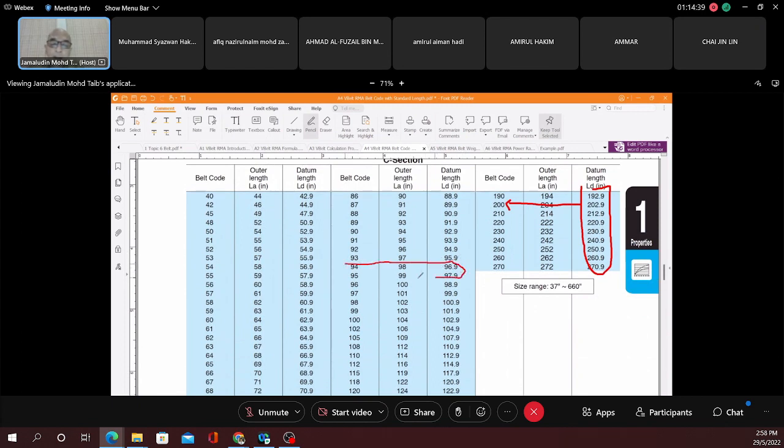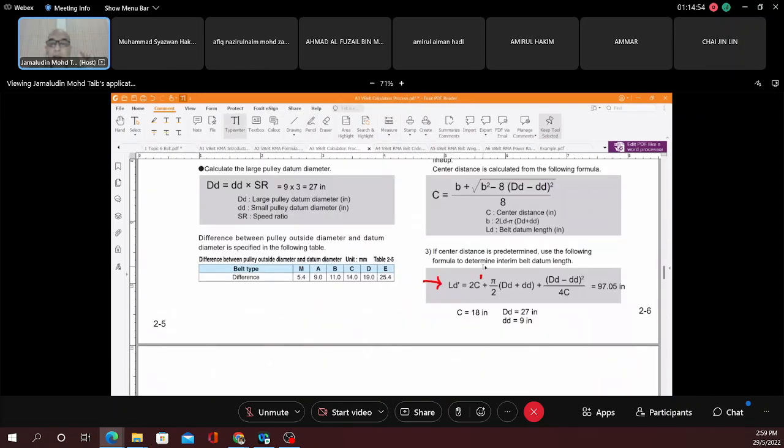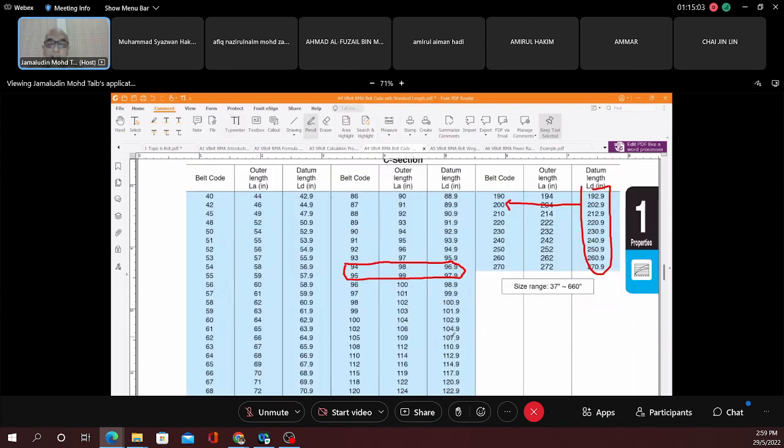It's up to your choice. If you maintain the center distance of 18 inches, the larger diameter of 27 inches and the smaller of 9 inches, we need a length of 97.05. However, there is no such 97.05. We can have 96.9 or 97.9.